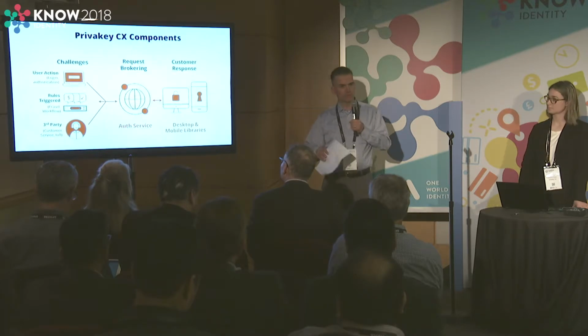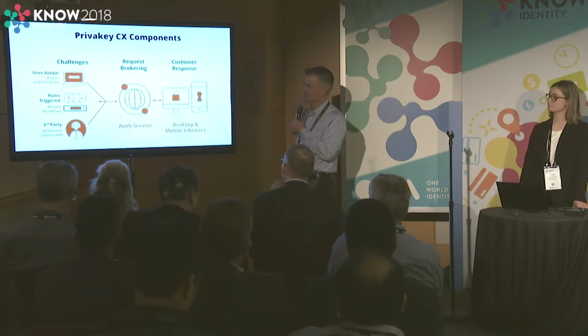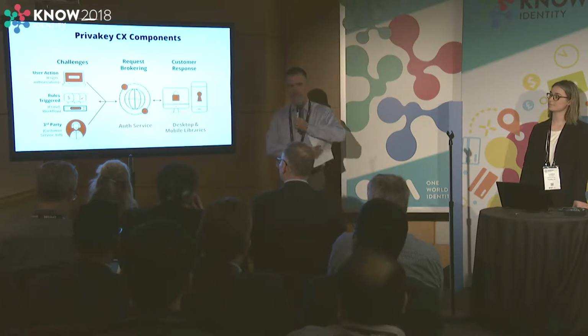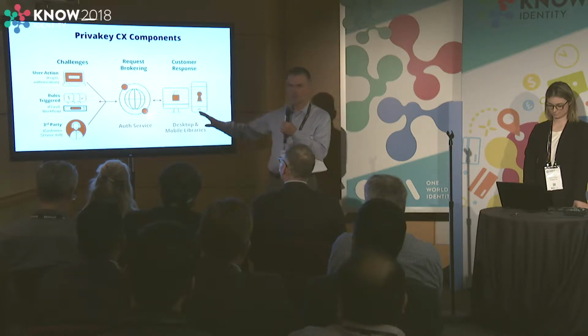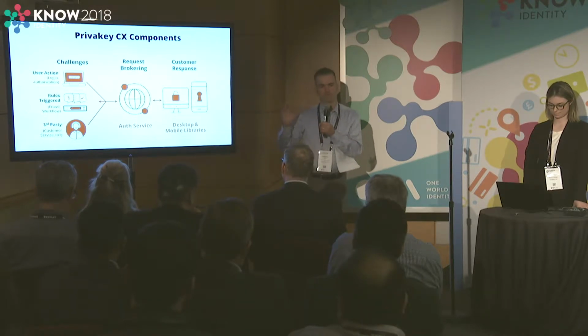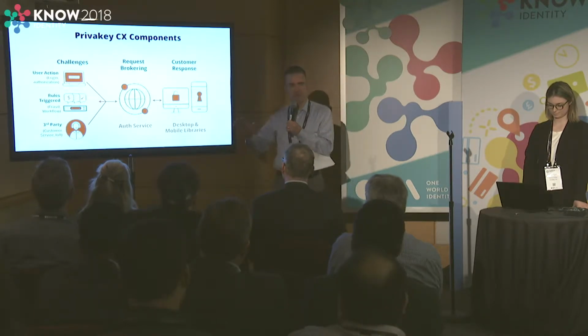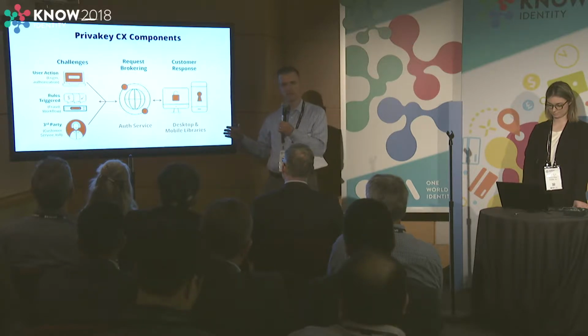Okay, so now that we've shown you 3 examples, let me share what's going on here with PrivaKey. PrivaKey is a very lightweight software solution comprised of desktop and mobile libraries that are intended to turn existing, say, mobile apps into strong customer authenticators.